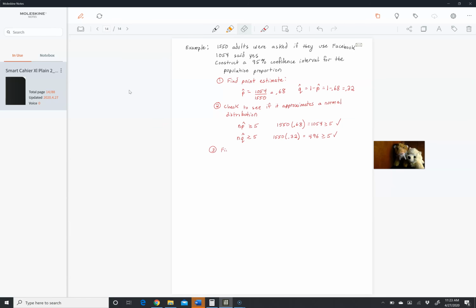Now we need to find the z-score. How do we do this? It's a 95% confidence interval, so our C is 0.95. We need 1 minus C, which is 0.05, and that 0.05, if you remember, is the percent that's outside the interval.